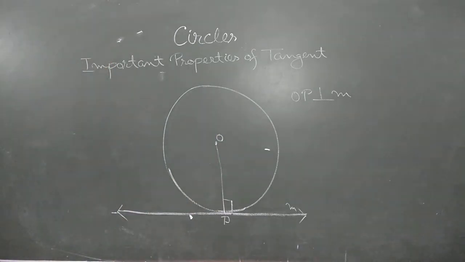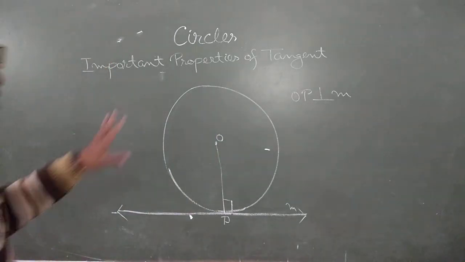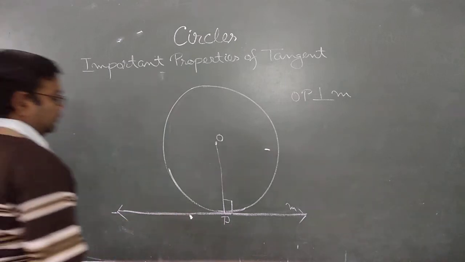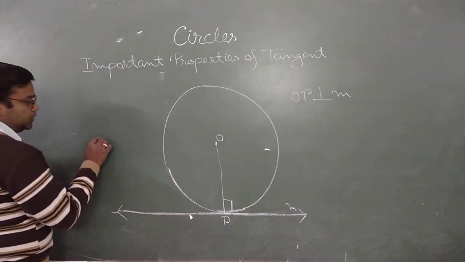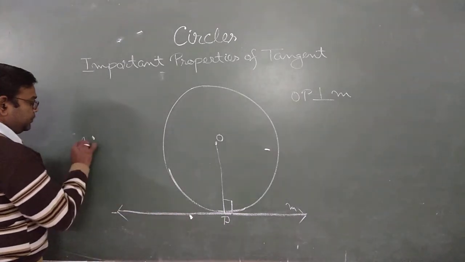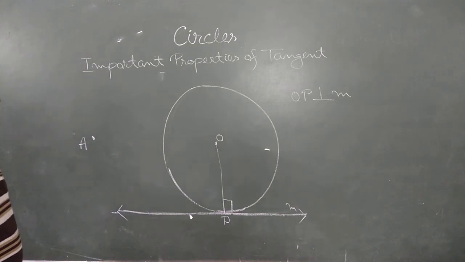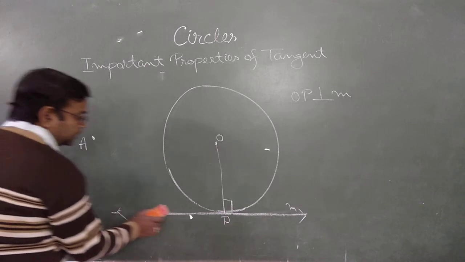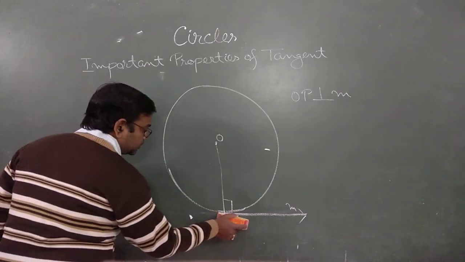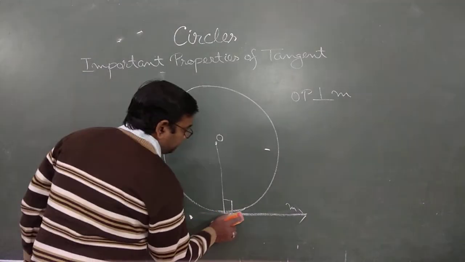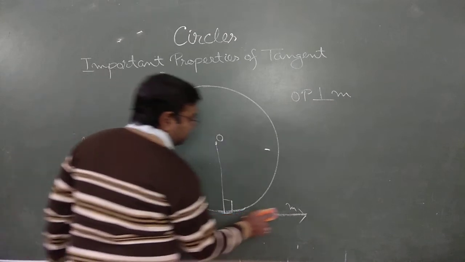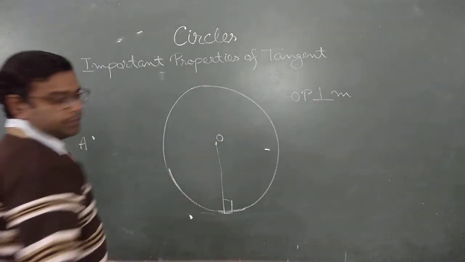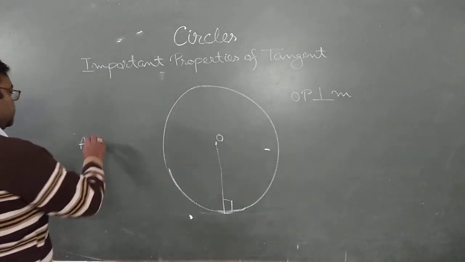The next part says that from a point outside the circle, suppose this is an outside point A, clear? From outside a point, we can draw only two tangents to a circle.